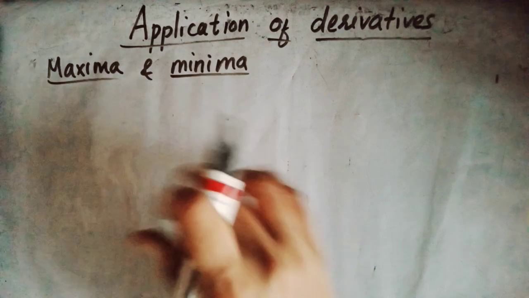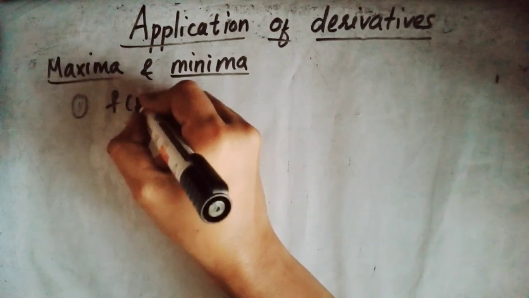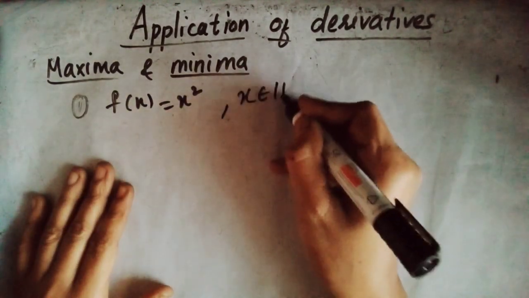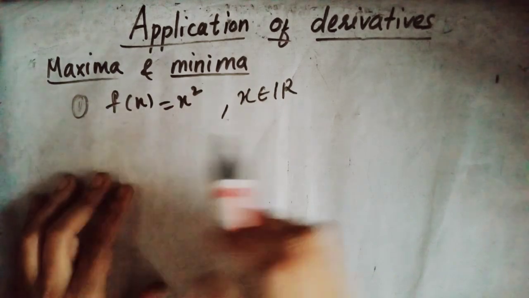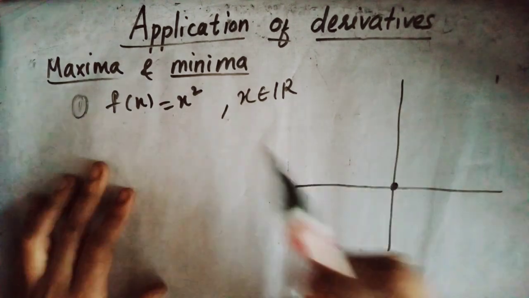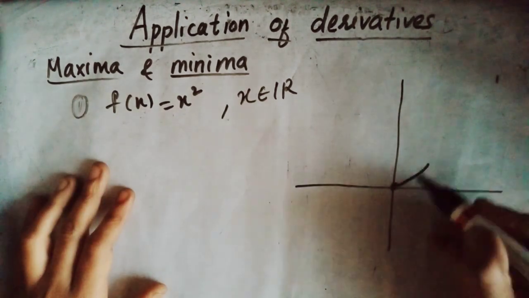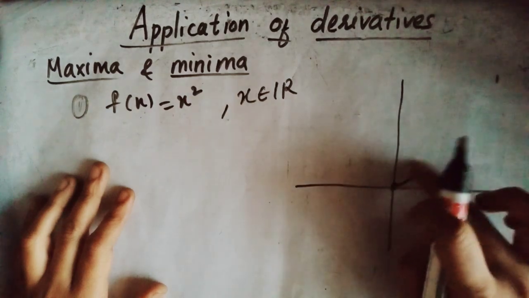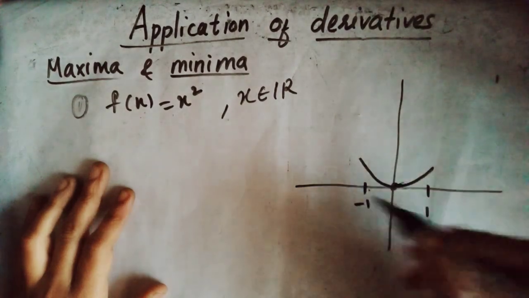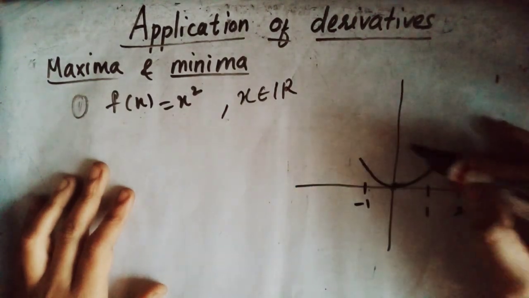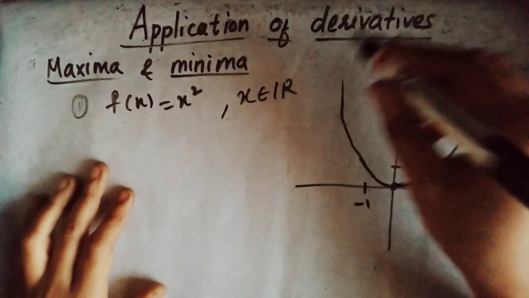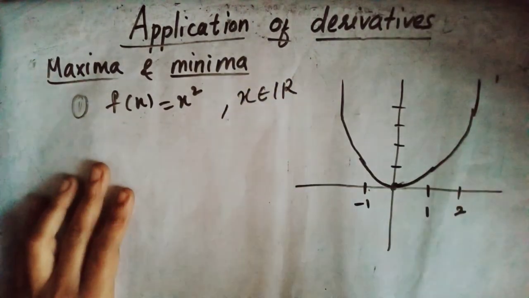So suppose I take an example, say f(x) = x², and I have to find the maximum and the minimum value. x belongs to R. We know the graph of this function: if you take 0 you will get 0, if you take 1 you will get 1, for minus 1 you will get again 1, then for 2 you will get 4, and so on, for all real values.